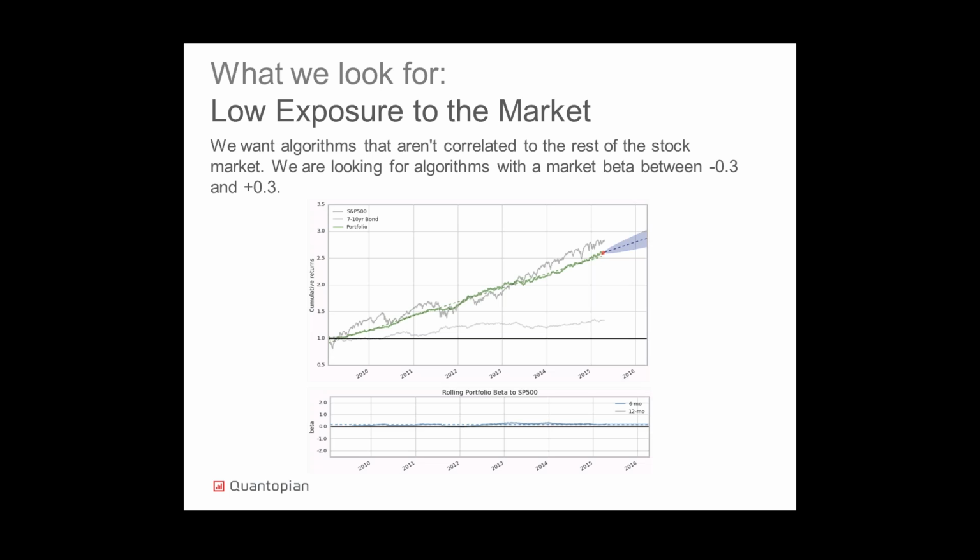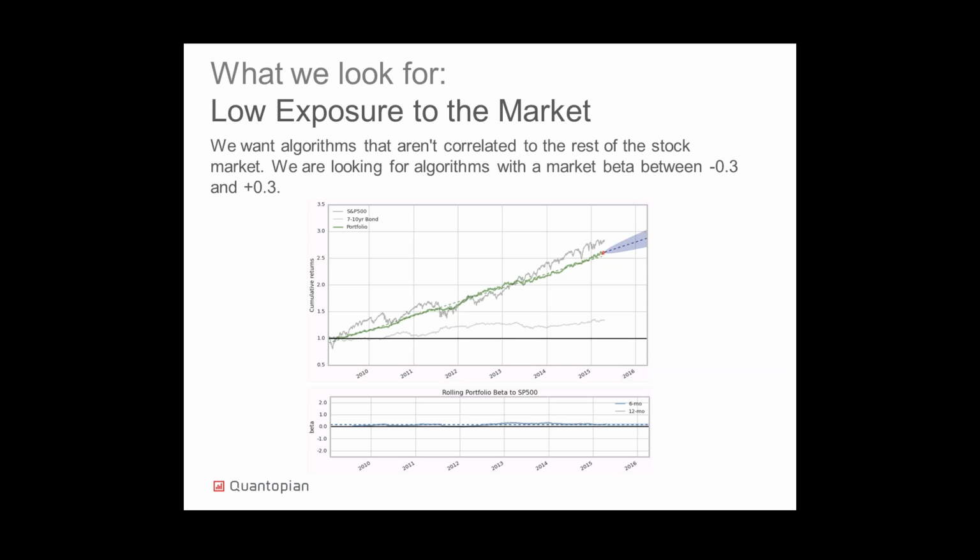So here's a nice example of what that might look like. Here in green are the back-tested returns to a strategy over the past 10 or so years. There's just a little bit of out of sample you can see in red, and then we have a linear projection forward based on the historical returns and variance of the back test, where you can see what our expectation that this strategy might do in the future is.